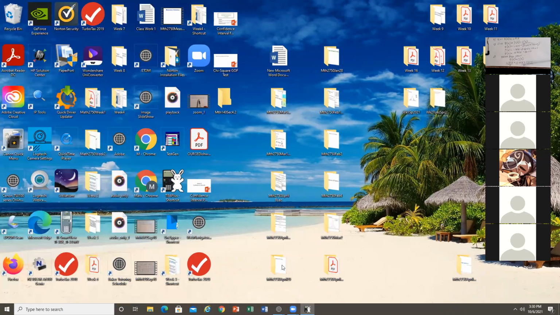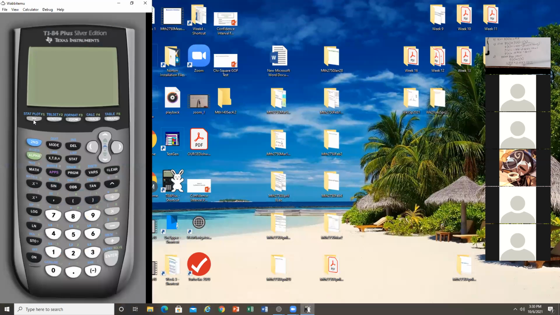All right, ladies and gentlemen, let's try to do this now. Using the calculator, go to your equation editor, y equals. For y1, I want you to type in your revenue function, 1.30x.